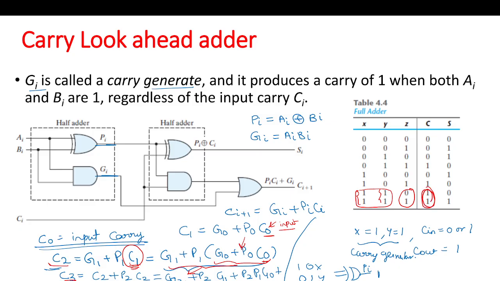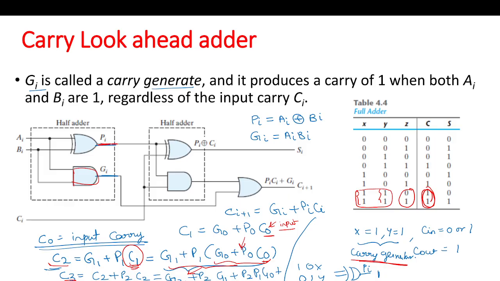So that we can take as the carry generate. We can name that as this one, A and B. The next is carry propagate. We know that if either of the inputs is 1 and the other is 0, this is the propagate.